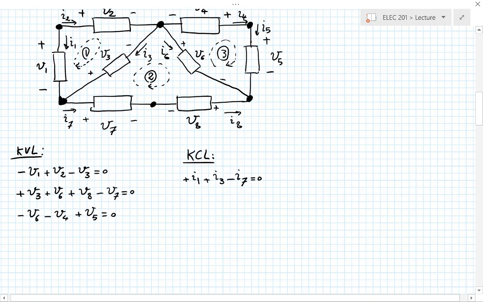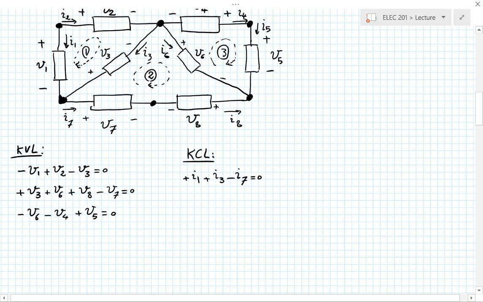So it's totally fine that the sum of the 2 has to become 0. And in this case, according to my convention, because they are both indicated as leaving the node, I have minus I1 minus I2 equals 0.